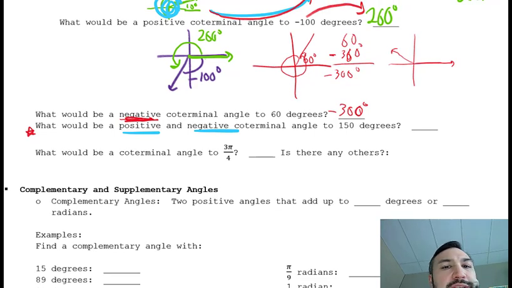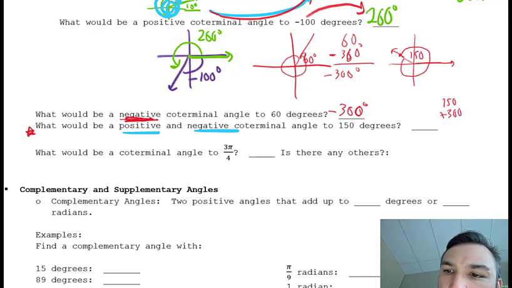But if you really thought about what I was saying about adding a revolution, adding 360, or subtracting a revolution, subtracting 360, you don't really need the picture anymore. To go this far and then to keep going, you would just add 360. So out to the side, I would say 510.